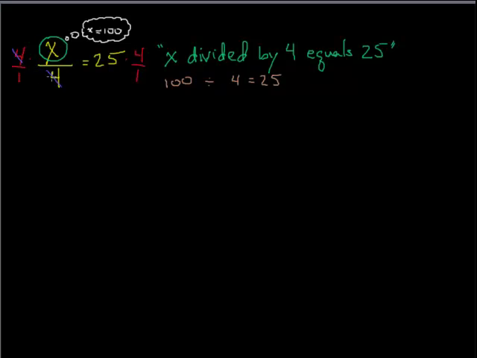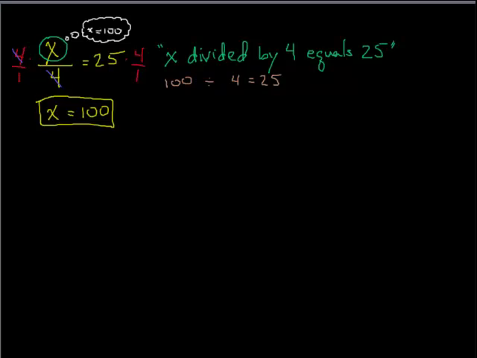We're left with x all by itself, which is exactly what we want. And now we have 25 times 4, which is 100. So x equals 100, and that follows our intuition from the thought cloud.